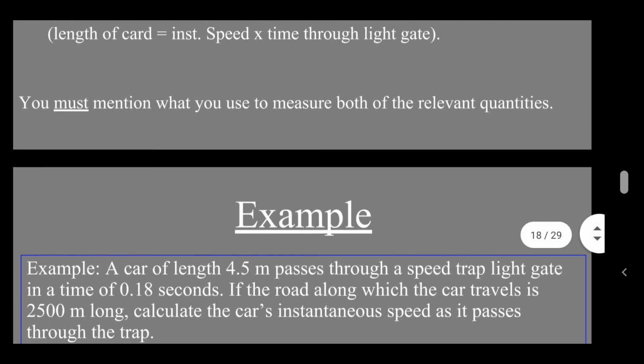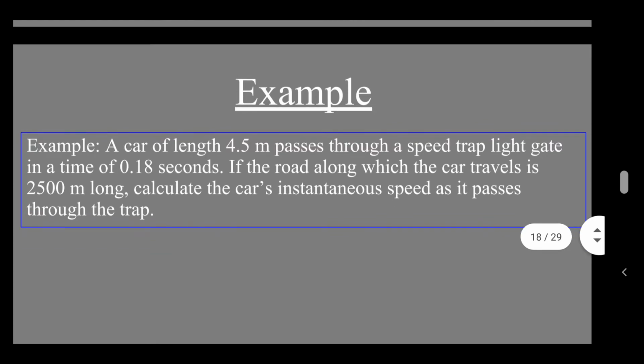Thank you. Right, an example though: a car of length 4.5 metres passes through a speed trap light gate in a time of 0.18 seconds. If the road the car travels along is 2,500 metres long, calculate the car's instantaneous speed as it passes through the trap. Now remember, we do not use a long distance, so 2,500 metres would be for average speed, but we do not have the time it takes to travel the 2,500.